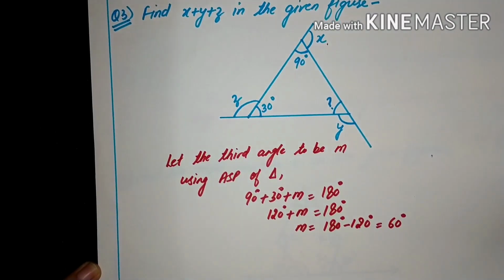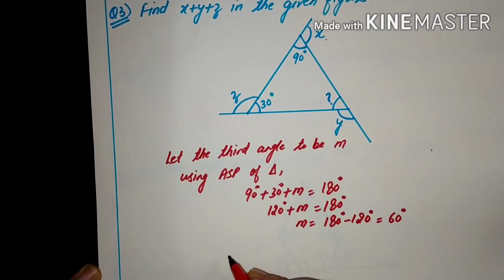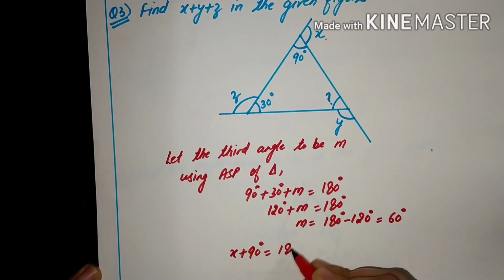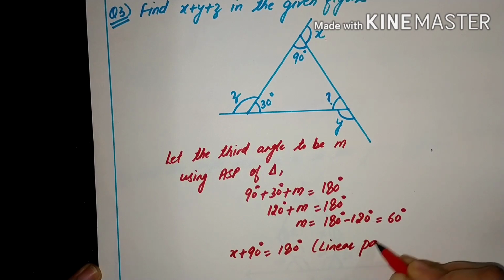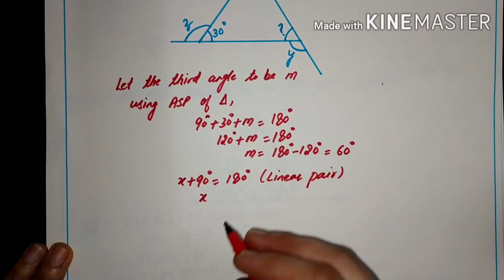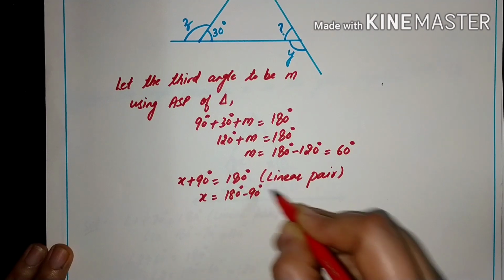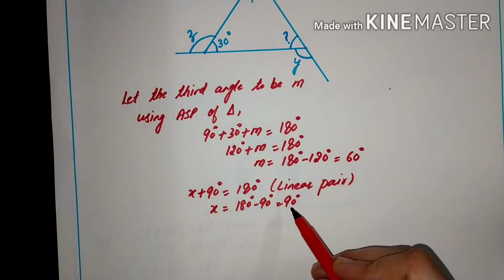So let us start with x plus 90. It is equal to 180 degrees, making a linear pair. x will be equal to 180 degrees minus 90 degrees, that is equal to 90 degrees.